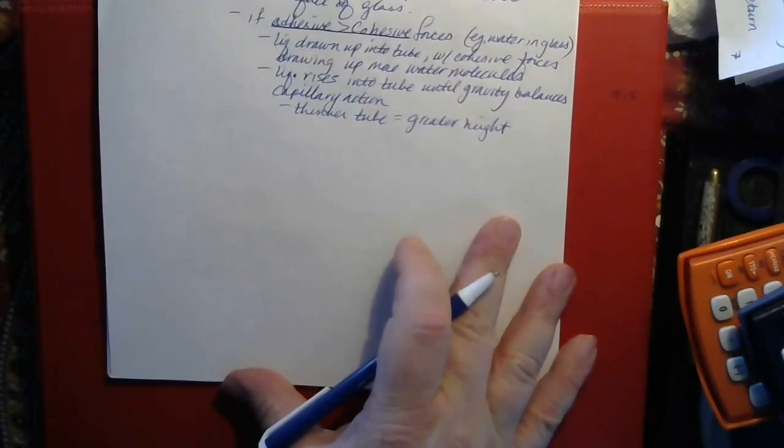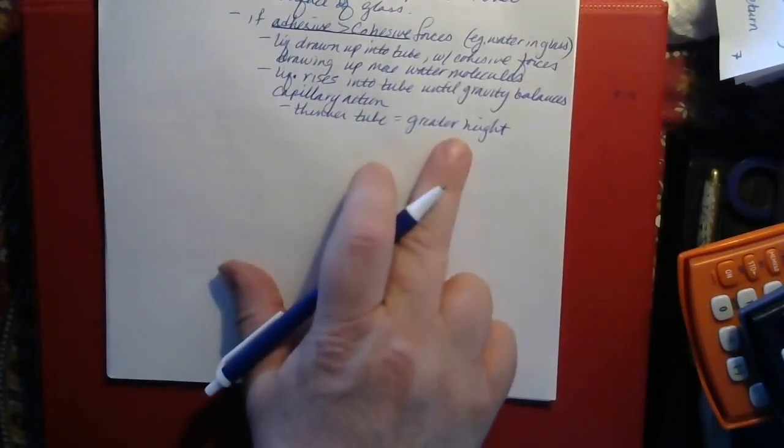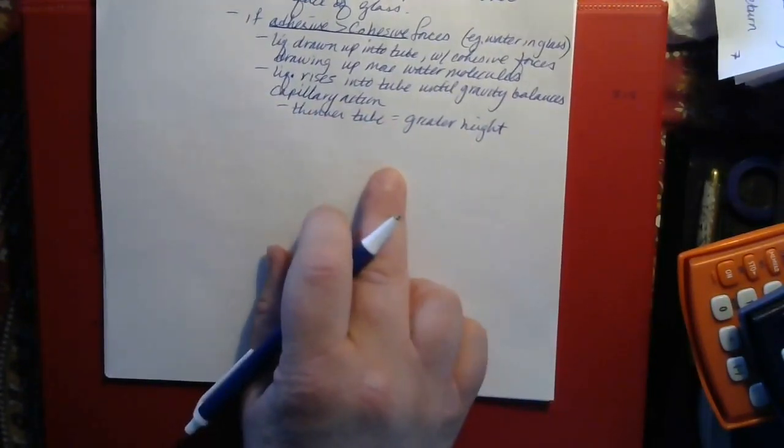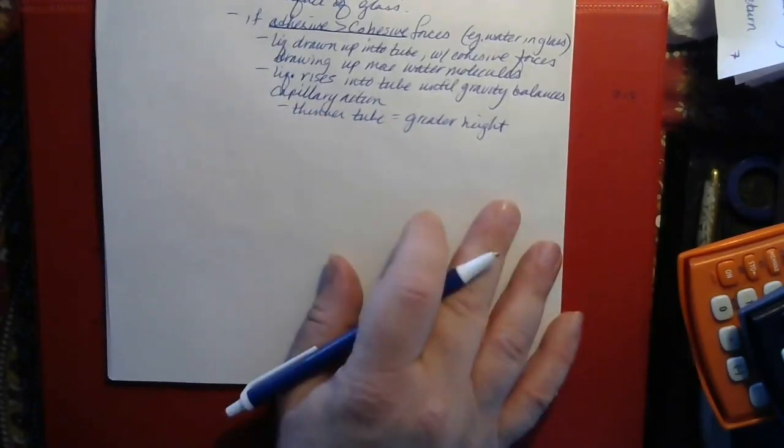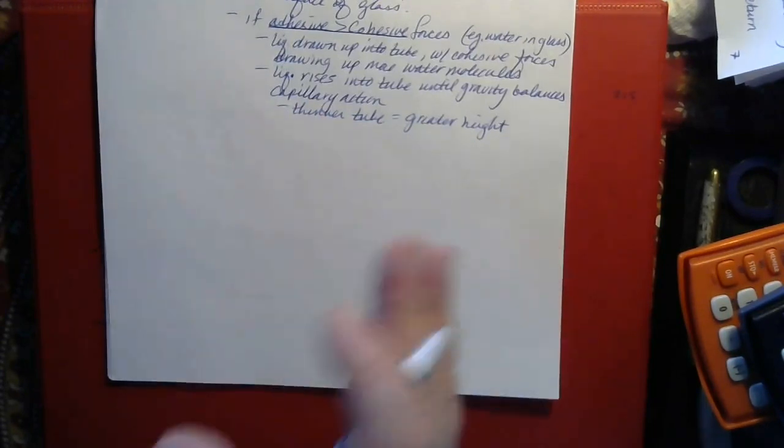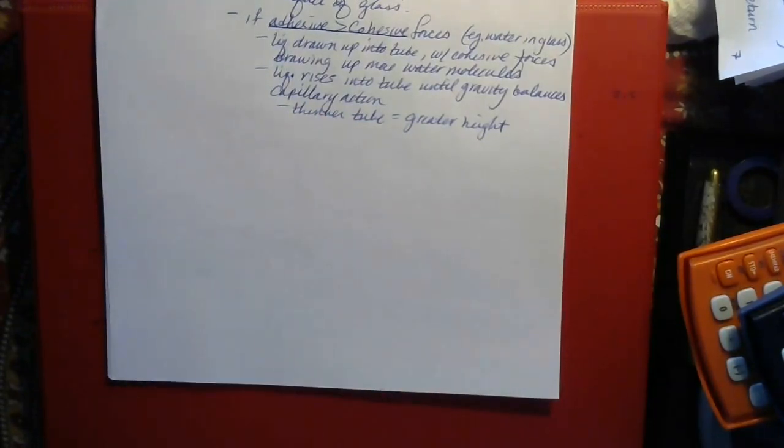And as it works out, you can actually achieve a greater height for a thinner tube, which really makes sense because in a thinner tube, the adhesive forces between the liquid and the tube will pull up a layer around the outer edge of the tube.